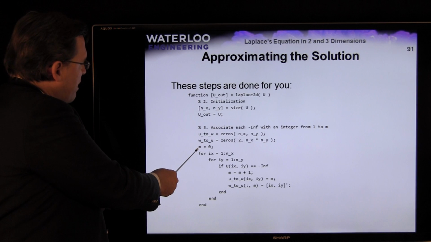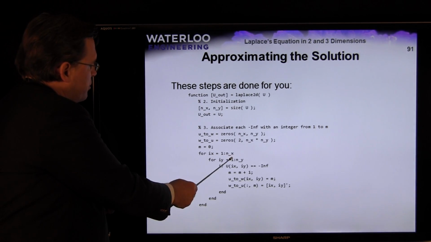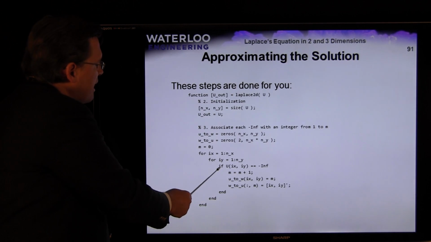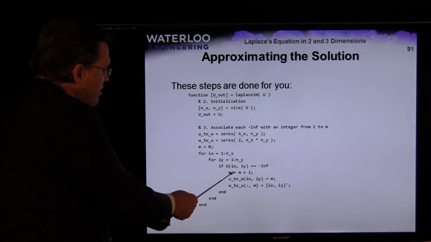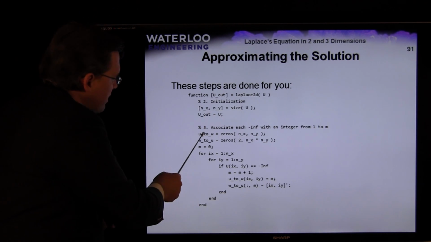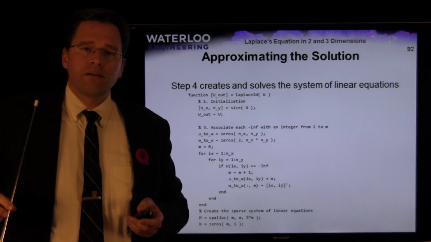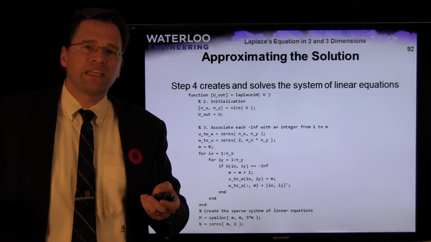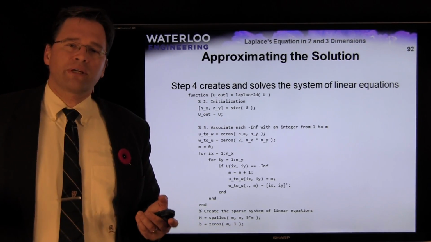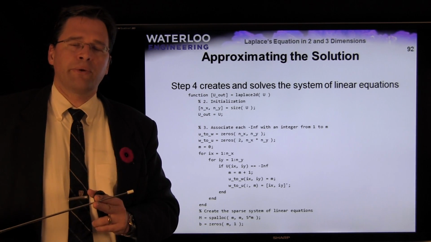So basically we set m equal to 0, go through all of the x values, go through all the y values. If one entry is set to negative infinity, increment the number of values of m and update these two vectors or matrices. The fourth step in the initialization is to create a matrix that is going to be used to solve our system of equations.